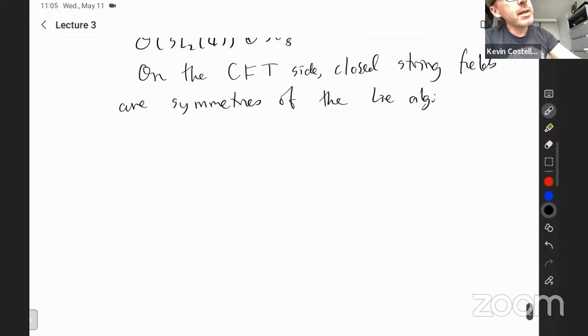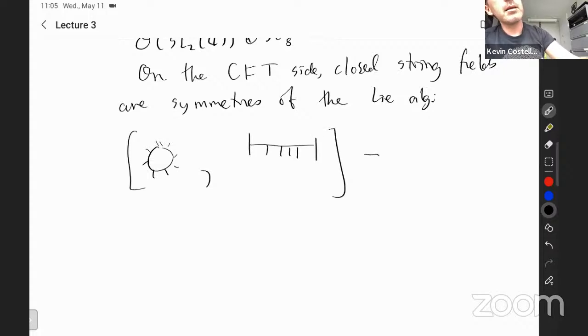But if I take a closed string field like this, the commutator of this with an open string field looks like, do these go past?